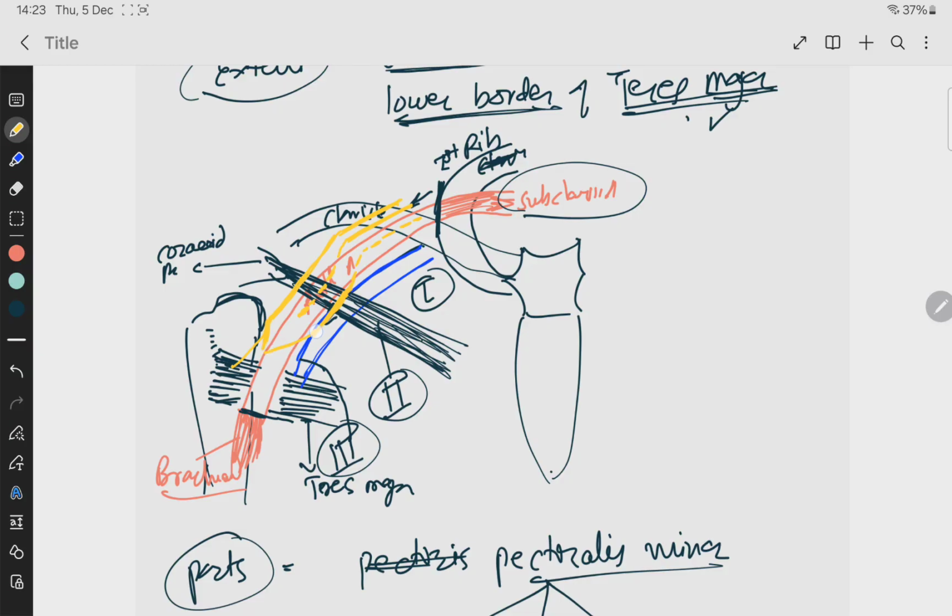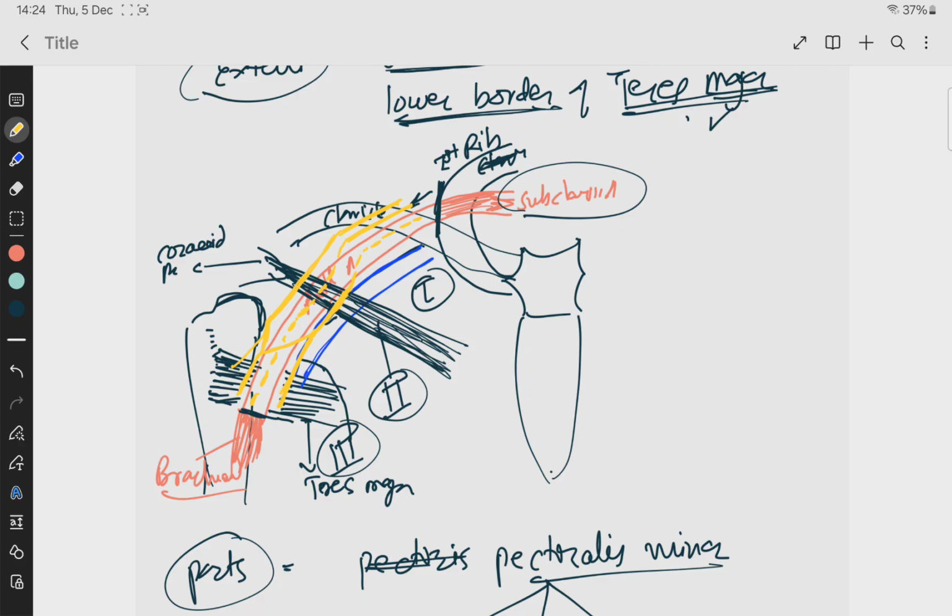The medial root crosses the axillary artery and that forms the median nerve. Then there lies the ulnar nerve which lies medial to the axillary artery. Axillary vein also lies medial to the axillary artery. The branch from the posterior cord going behind is nothing but the radial nerve. Did you understand this orientation?